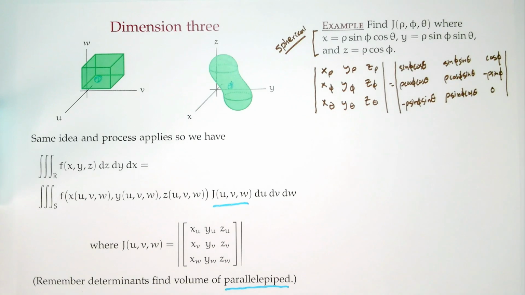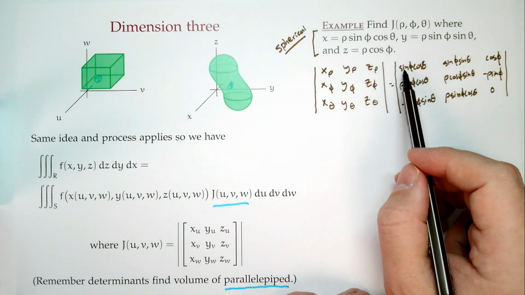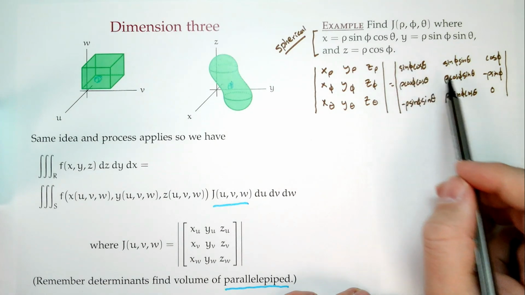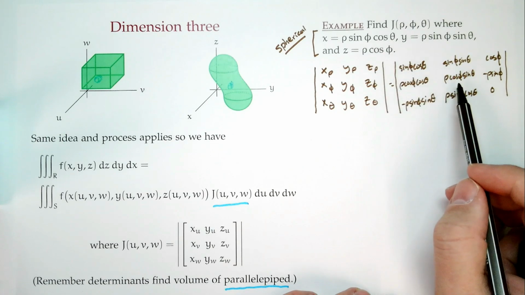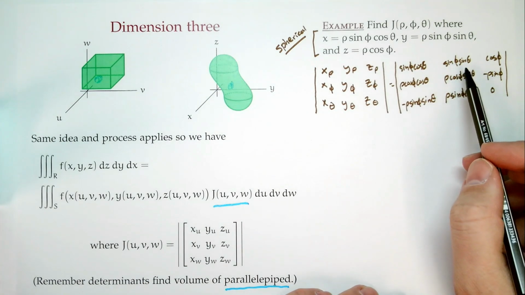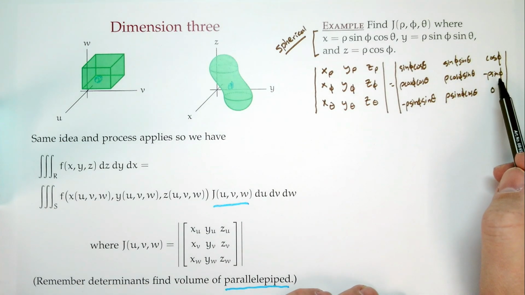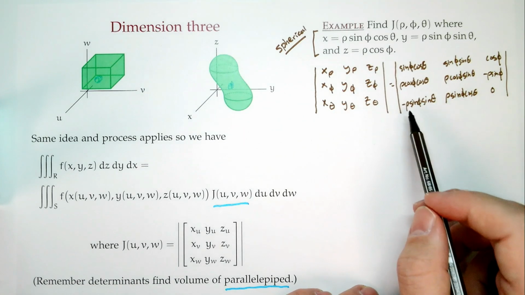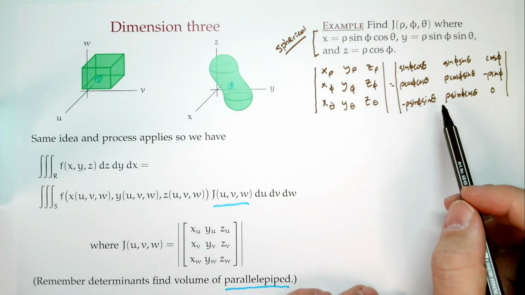Now, if we take this determinant, well, let's do it. So, remember, we just go down. Sine phi cosine theta, rho cosine phi sine theta, 0. Woohoo! 0. Good. Okay. Sine phi sine theta, minus rho sine phi, then minus rho sine phi sine theta.